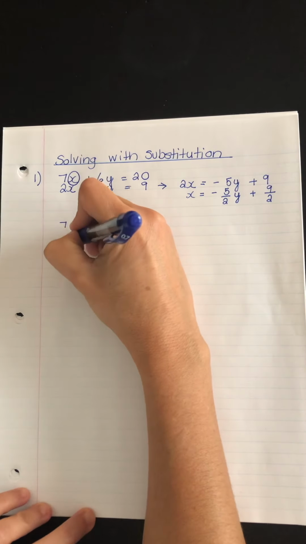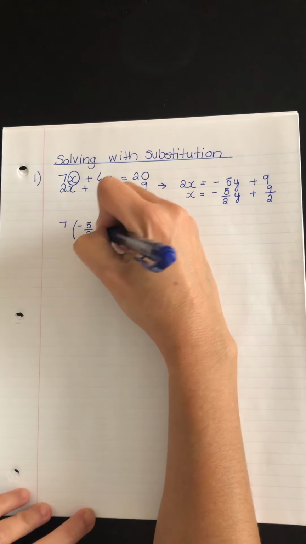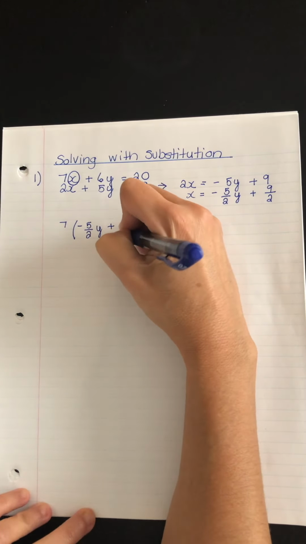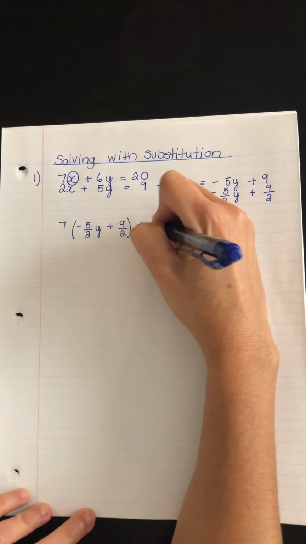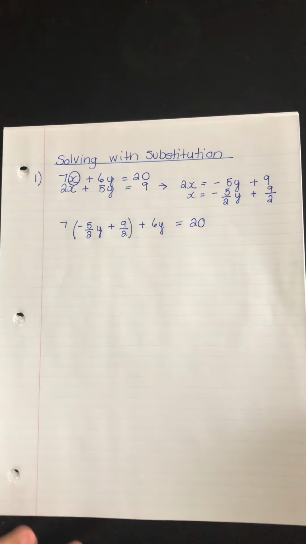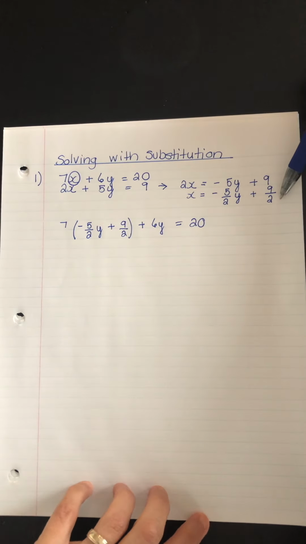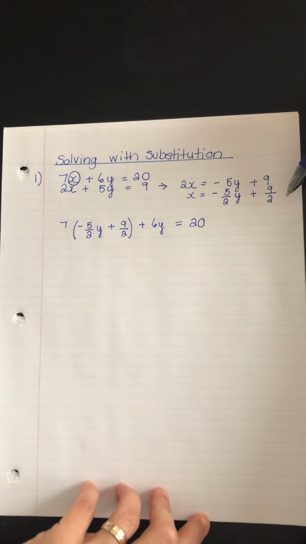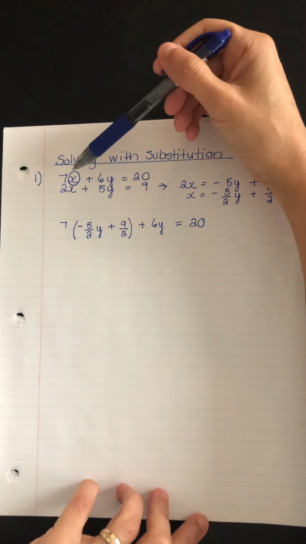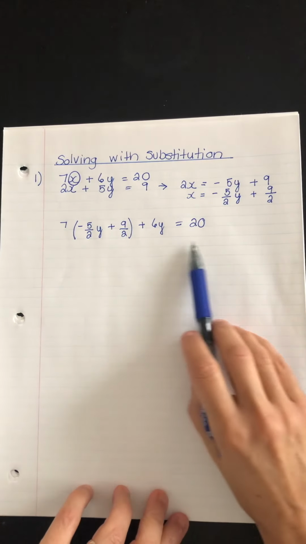We'll need a bracket. 7 times negative 5 halves y plus 9 halves, plus 6y is 20. Okay, so since we used equation 2 to get the expression for x, we substitute that into equation 1 where the x is. Okay, and now we're just going to solve.